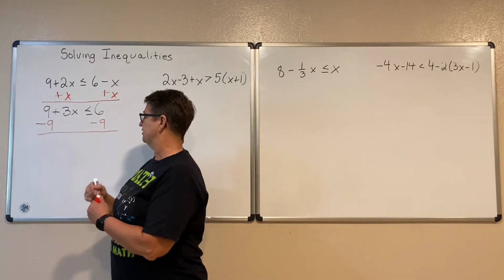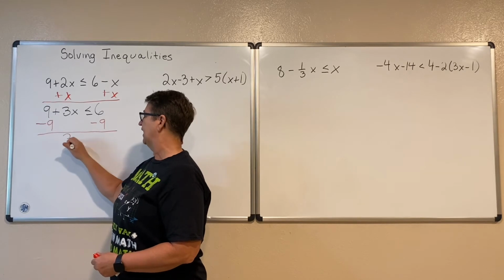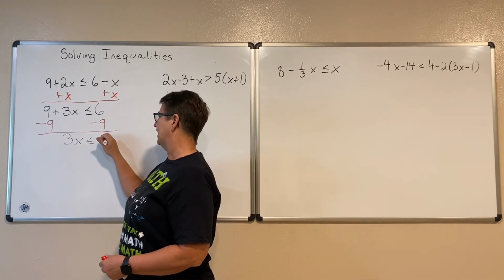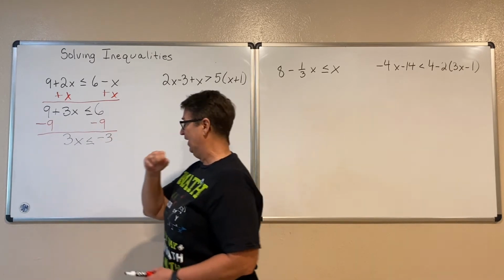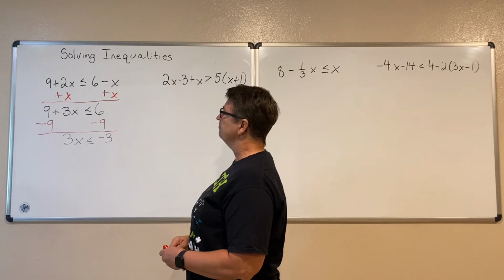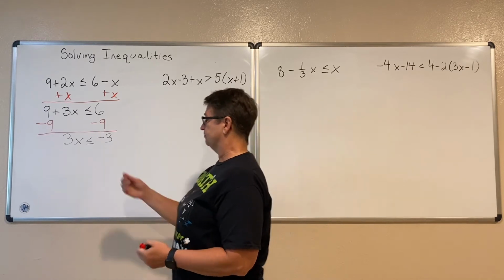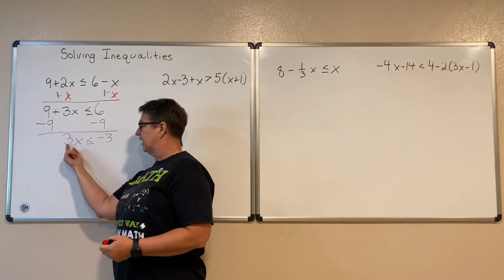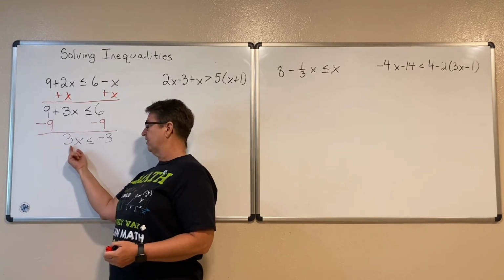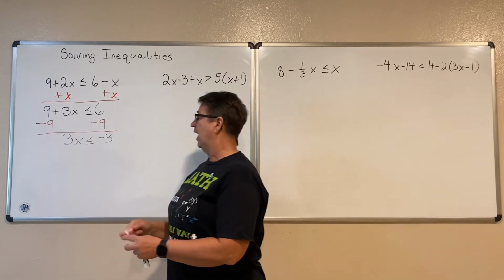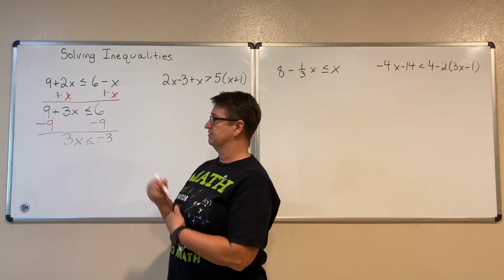That makes that 0, and it leaves me with 3x is less than or equal to a negative 3. Then we need to divide this number 3. He's multiplying right now, and the inverse of that multiplication is a division. So I'm going to divide both sides by 3.